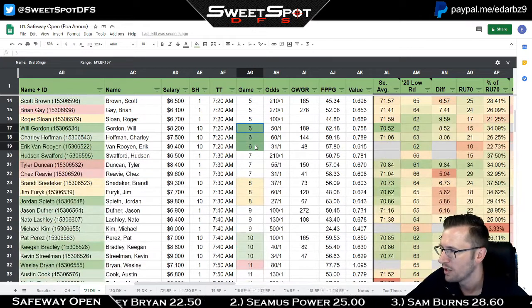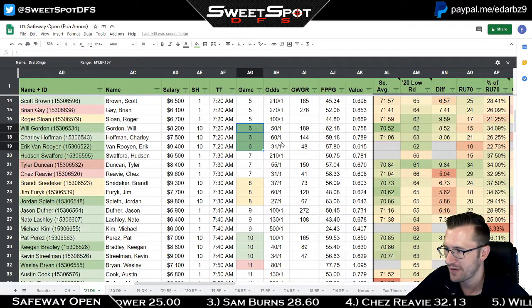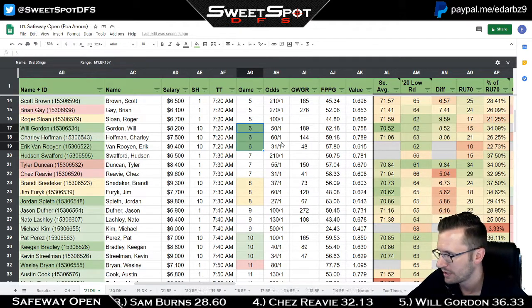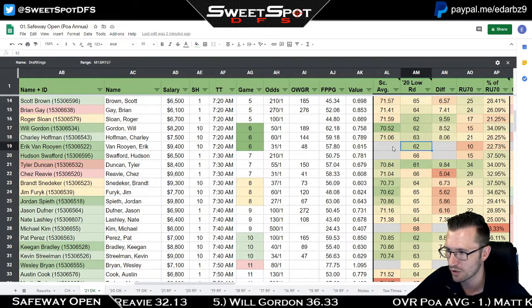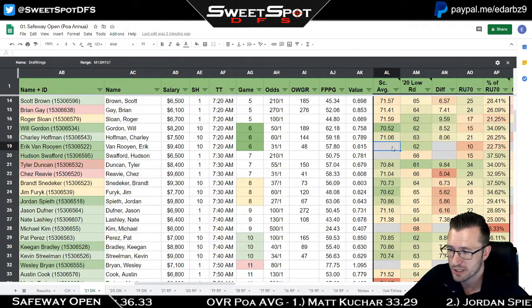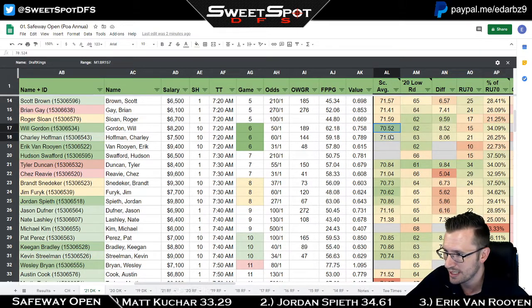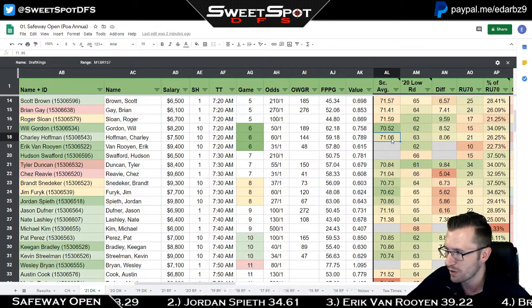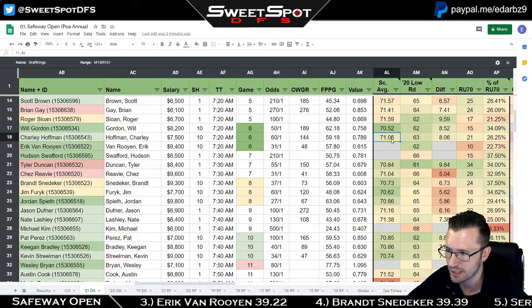Next group I like, Will Gordon, Charlie Hoffman, and Erik van Rooyen. Van Rooyen is a very good golfer, very talented, and can score low. You can see that by his low round of 62. We don't have scoring average stats because the PGA did not provide us with it, but the guys in his group, remember, the average is 71.26. So Charlie Hoffman is actually below the average in this field.